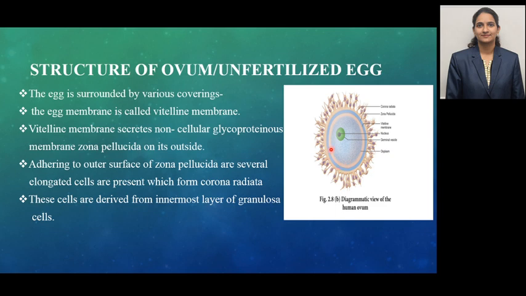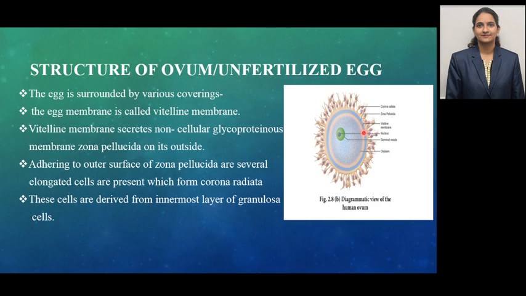Now this is a diagrammatic representation of the ovum. The egg is surrounded by various coverings. See, these are the coverings. The egg membrane is called the vitelline membrane. This pink colored one is the vitelline membrane.